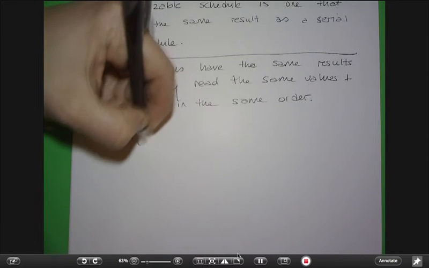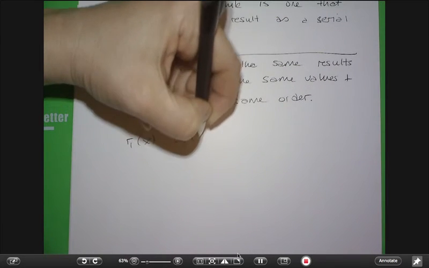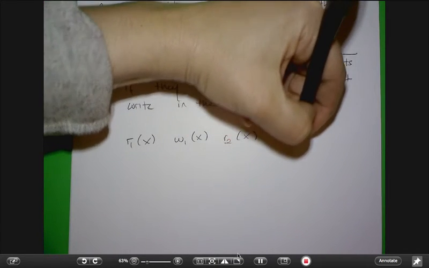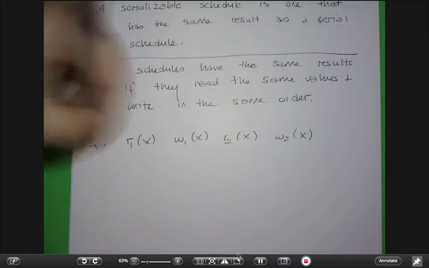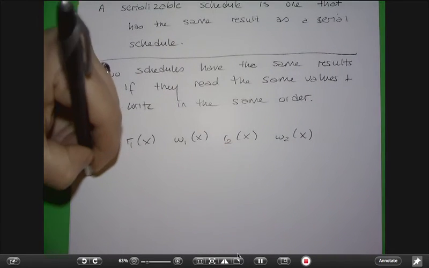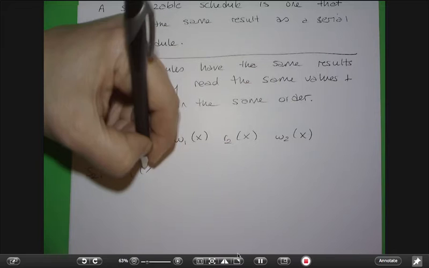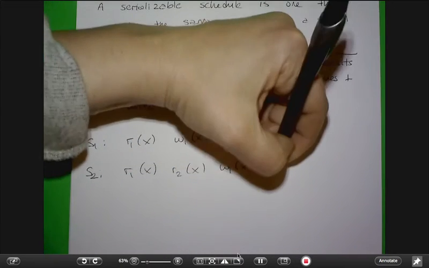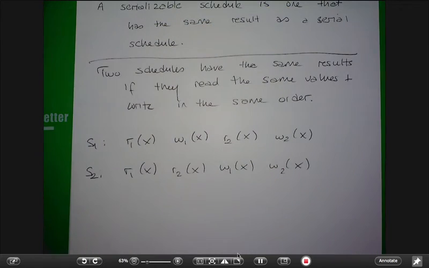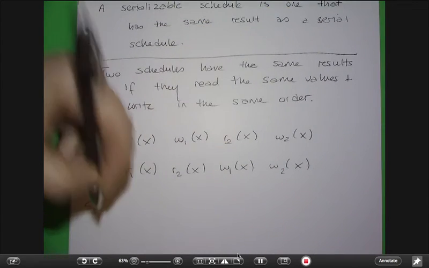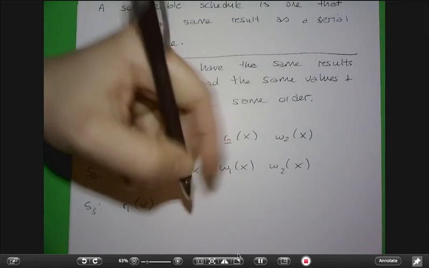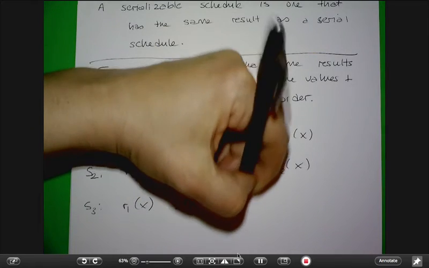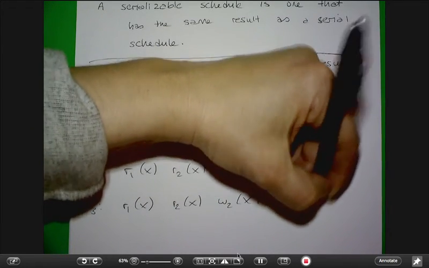So I have R1 of x, W1 of x, R2 of x, and W2 of x. Let's call this schedule 1. Then I have schedule 2 that has R1 of x, R2 of x, W1 of x, and W2 of x. And I have S3: R1 of x, R2 of x, W2 of x, and W1 of x.